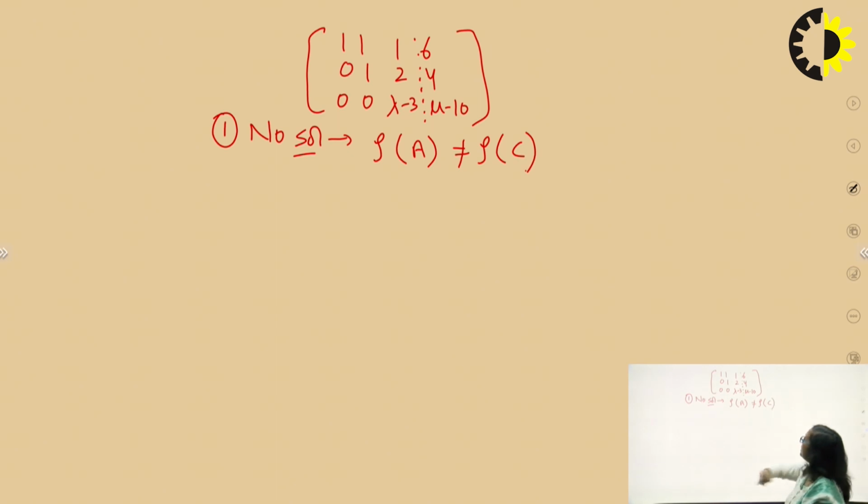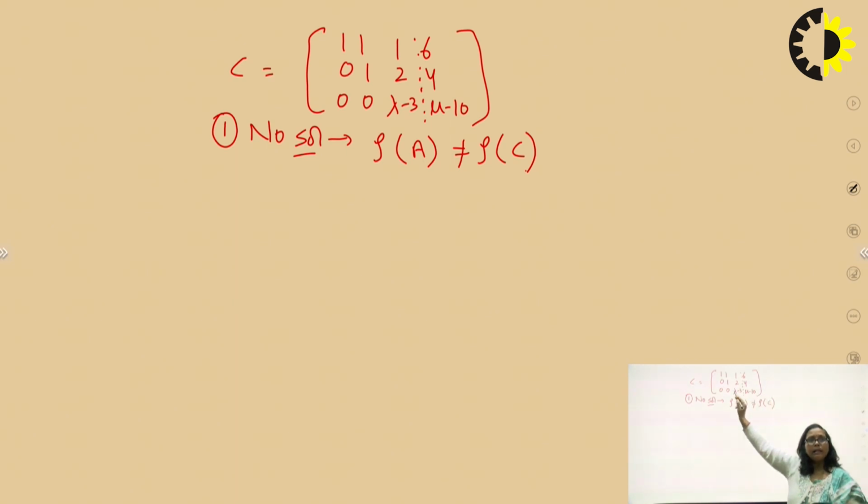Let me denote the reduced augmented matrix by C. The rank of A is not equal to the rank of C. Let us suppose that the rank of A becomes 2 and the augmented matrix rank remains 3.